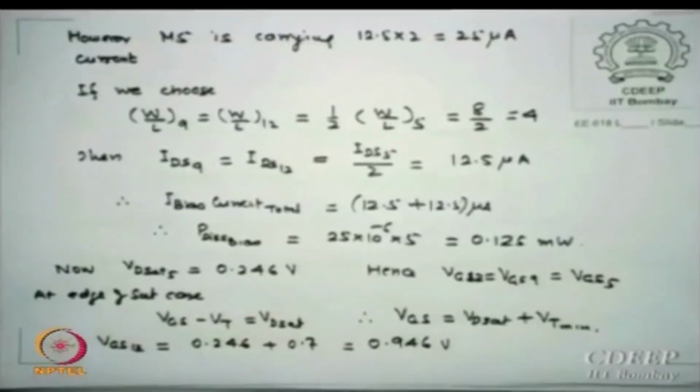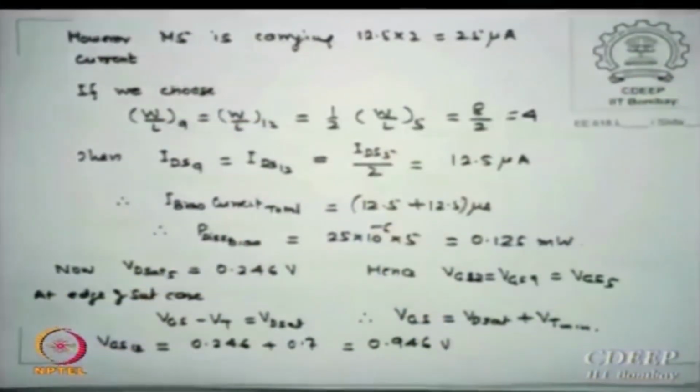Here also you can choose the worst cases and figure out what should be the correct value. VGS, please take it, 5, 9, 12 are in mirror. Their VGS are the same, their VDS also are the same. VDsat5 is known to me, so I can evaluate VDsat for this.